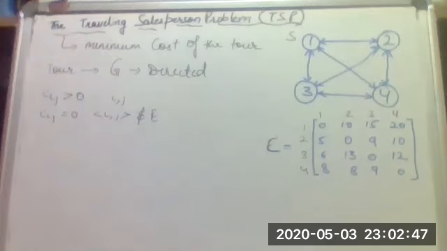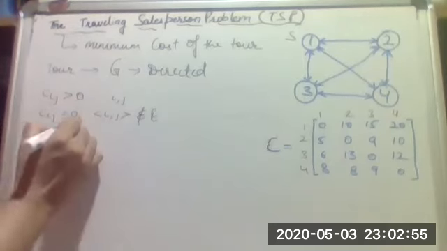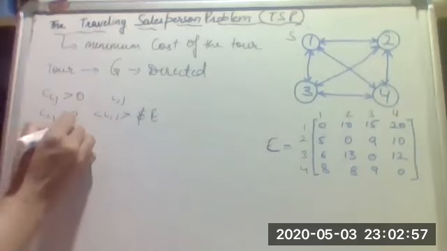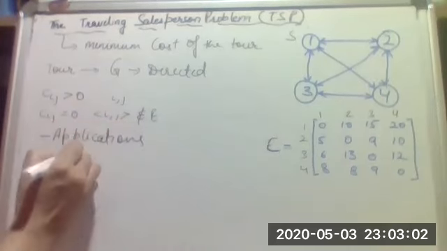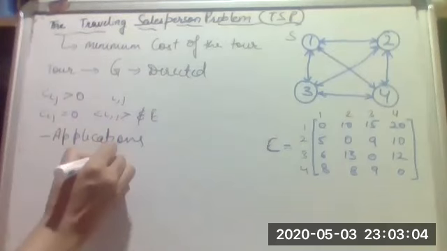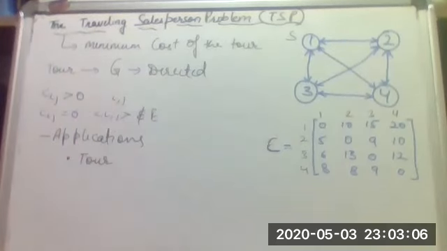Now, before we start on how to solve this, let's talk about the applications of the traveling salesperson problem. One application is airport tours, that means generating the tour which will cost the least.